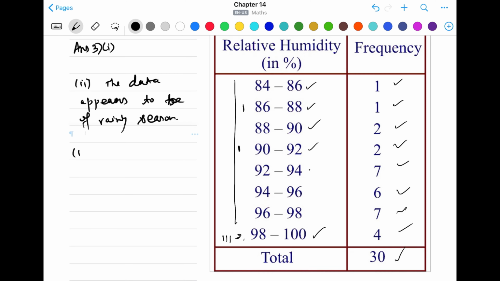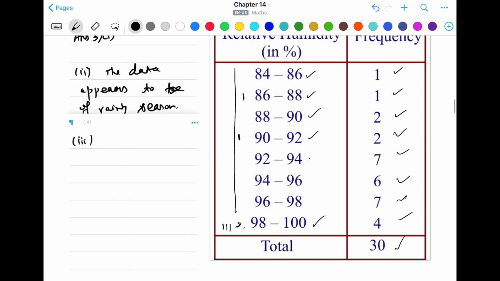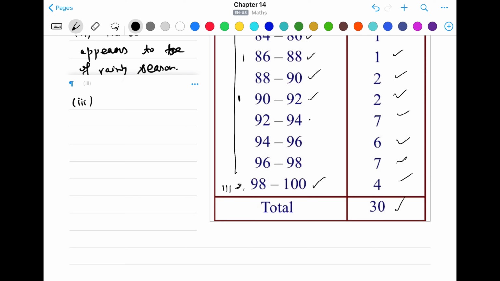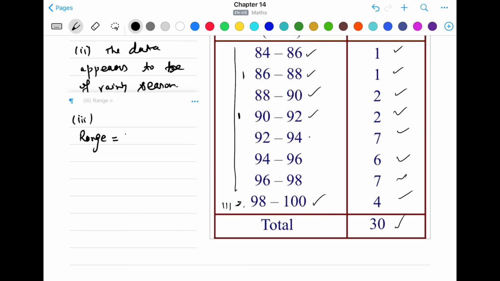Third one is what is the range of the data. Let's first understand what range is. Range of any data is given by the difference between the highest value minus the lowest value.